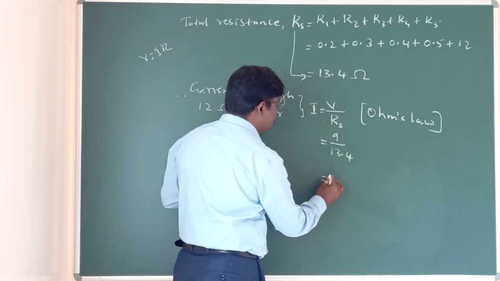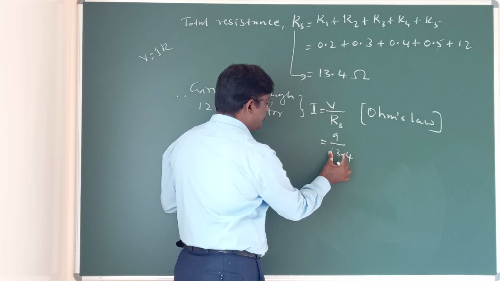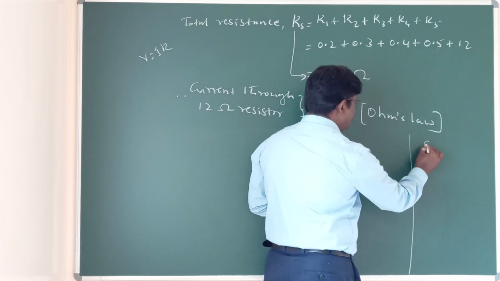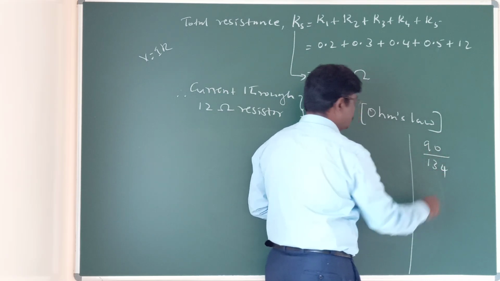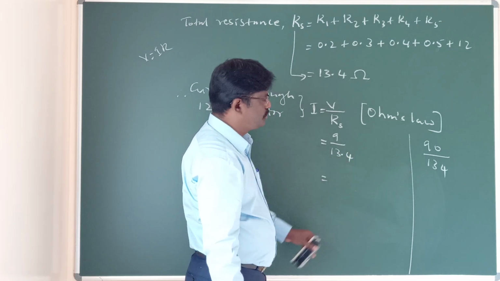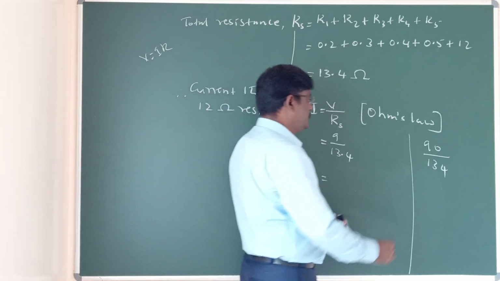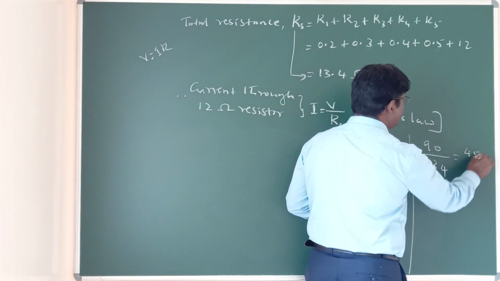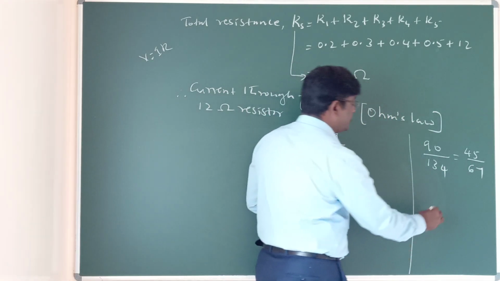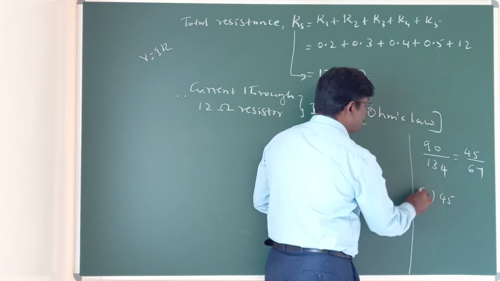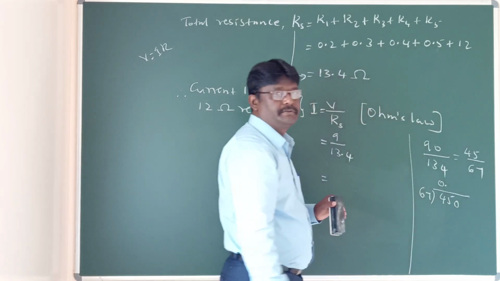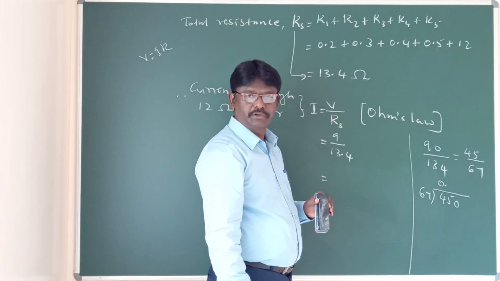Now dividing this: 9 divided by 13.4. Come to the rough work, 90 by 134. Remove the decimal point; after the decimal point there is 1 digit. Therefore, 90 by 134. Then it goes by 2, 45, 67. Now let us take 45 divided by 67. How many times will this go?